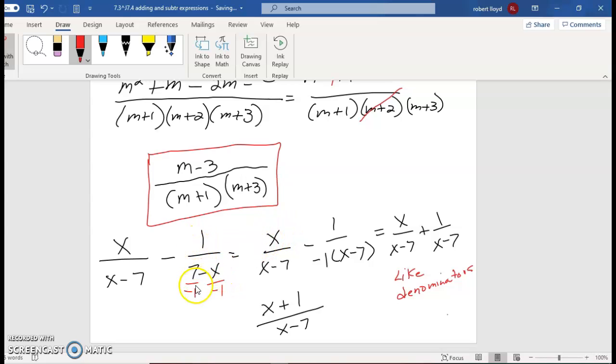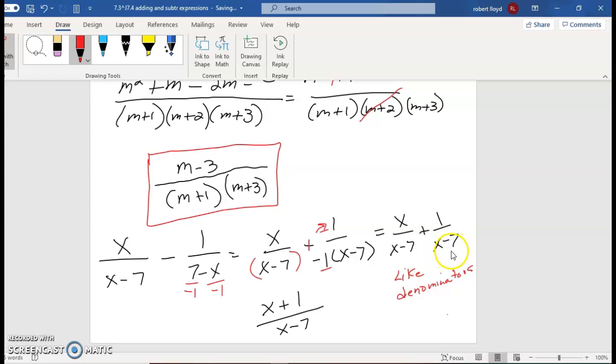So we can change this by dividing each term here by a negative 1. So that's right here. Now we'll have x minus 7 and negative 1 times x minus 7. You notice that this negative 1 goes up here. That would be like adding a negative 1. So a negative 1 divided by a negative 1 is 1 over our x minus 7.